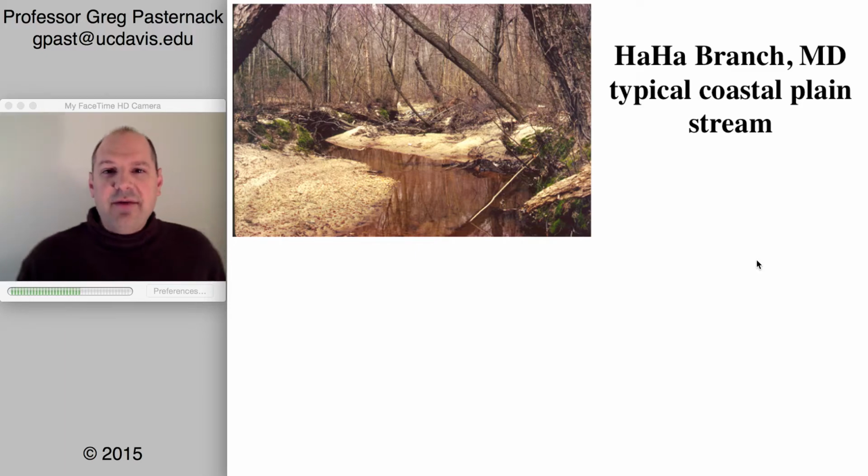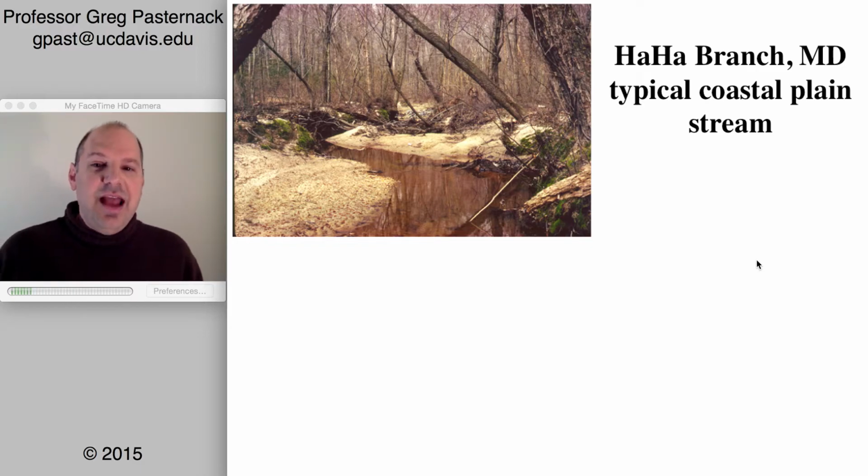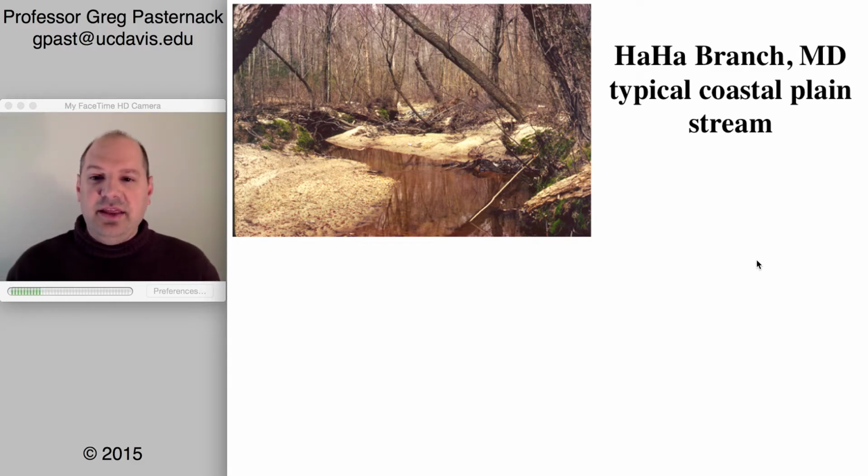So now from a reference reach perspective, this is a little stream not far from White Marsh Run called Haha Branch, and it's typical of the coastal plain in that it has a sandy substrate, there's bank vegetation that's falling in, and it's relatively well connected to the floodplain. You can see it's meandering.